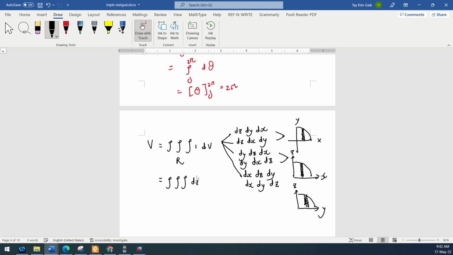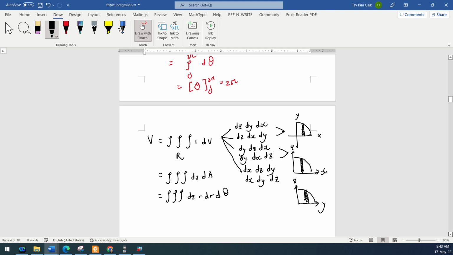Since the solid is parallel with respect to z, I can use either of the first two, but the projection region R is circular, so I will change dA to polar coordinates, which is r dr d theta.